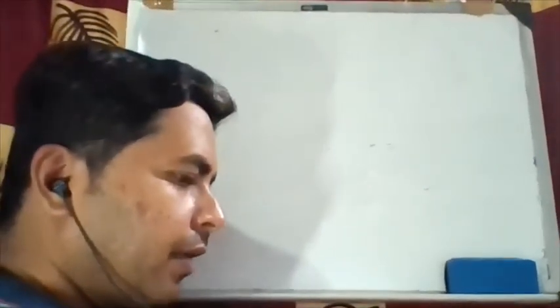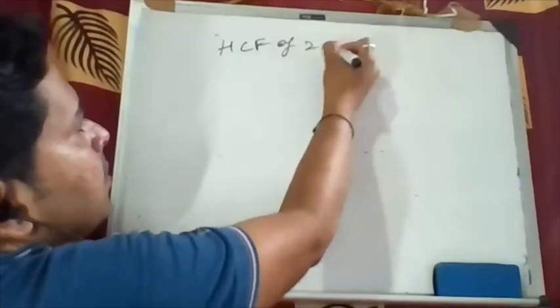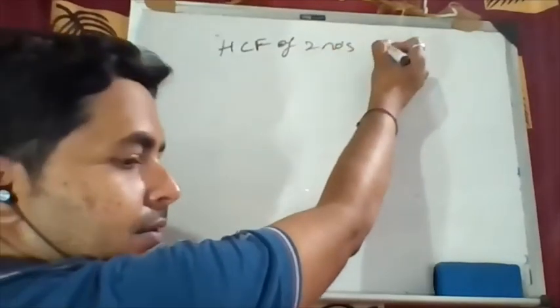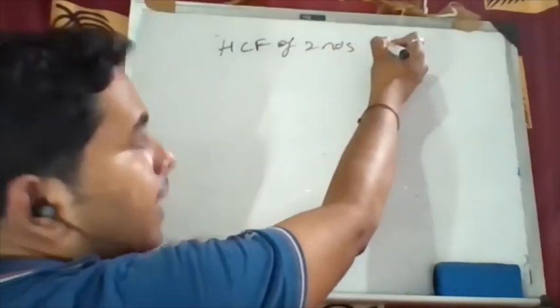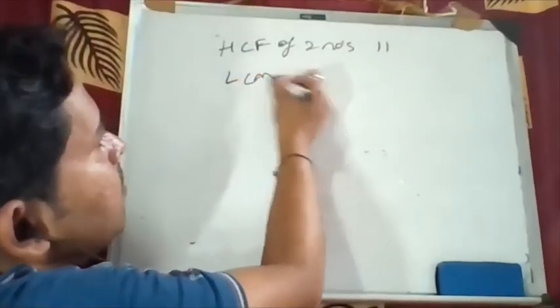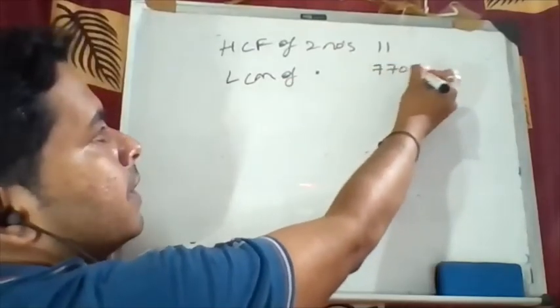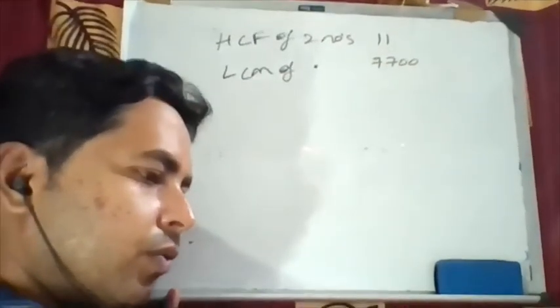Suppose they give HCF of two numbers is 11. Okay, and LCM of two numbers is 7700.